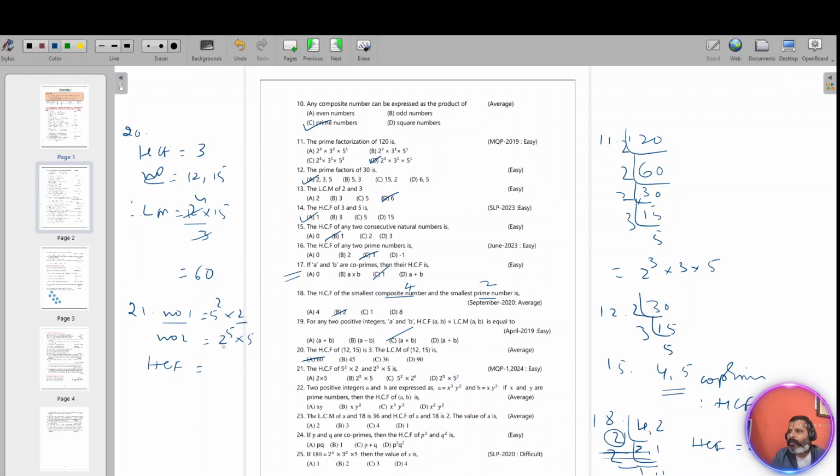So 2 is there, 2 to the power 5 is there, the least power is 1. So 2. 5 square is there, 5 is there. The common factor is 5, and the least power is 5 only. So 2 into 5, which is 10. So the answer is 2 into 5. I will move to the next question.